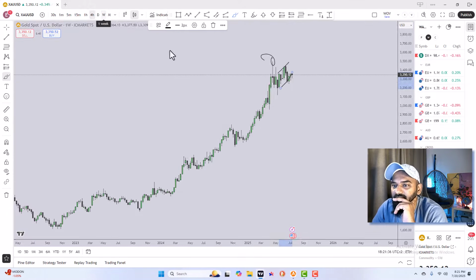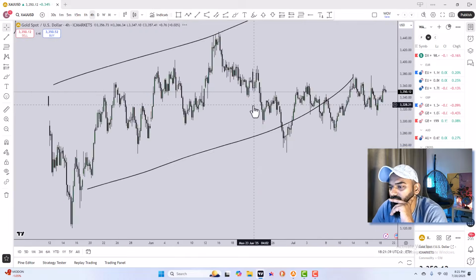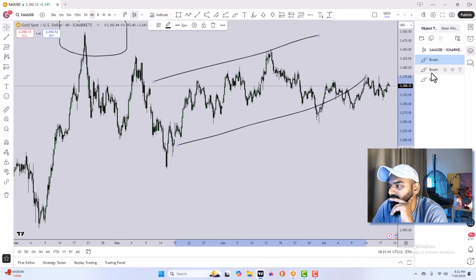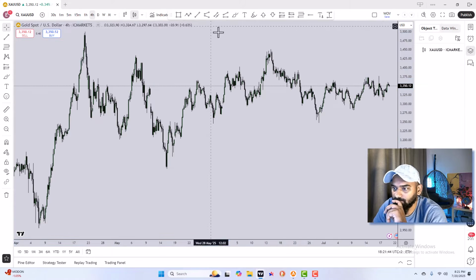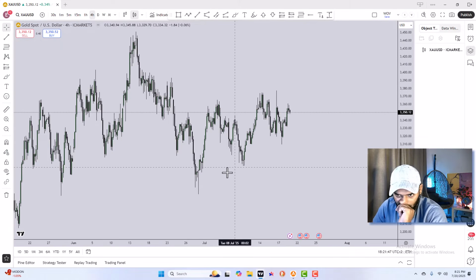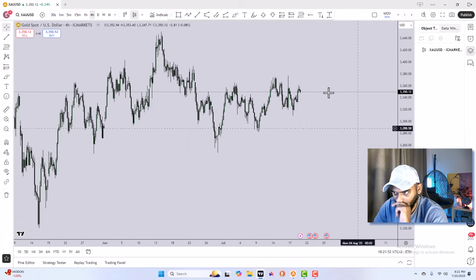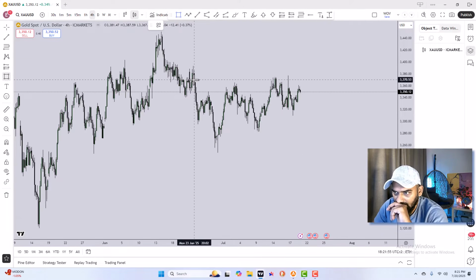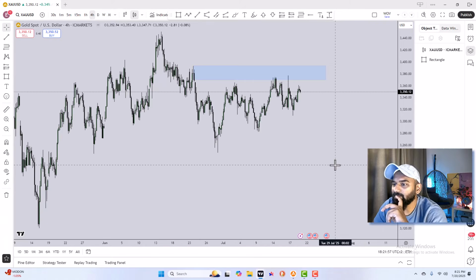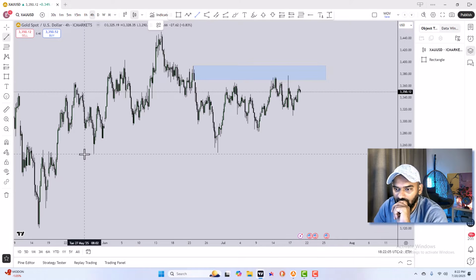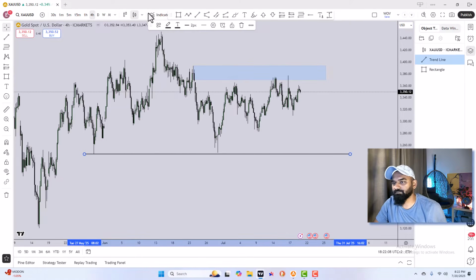Let's see on 4-hour. This supply zone is some sort of a strong supply zone. We have relative equal lows down here.